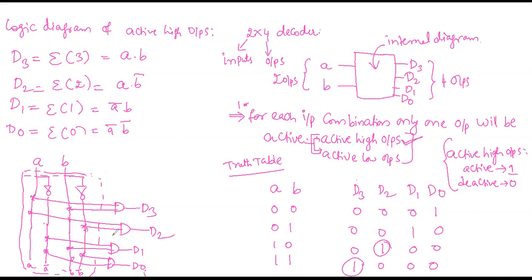Similarly, the 2 by 4 decoder is like this, and the 3 by 8 decoder is also like this. You have to draw the internal diagram. I will give a small introduction about the 3 by 8 decoder. It indicates 3 inputs, 8 outputs.